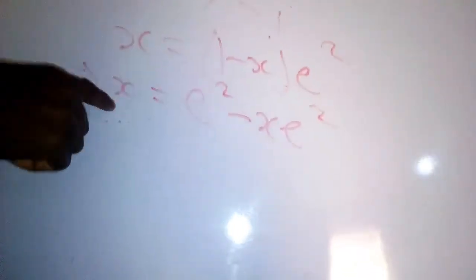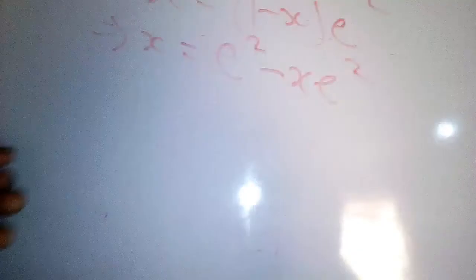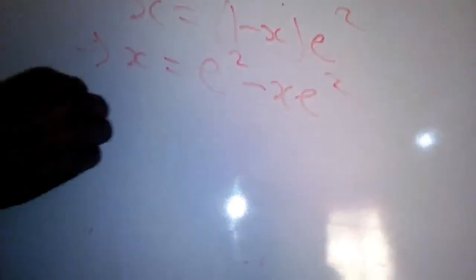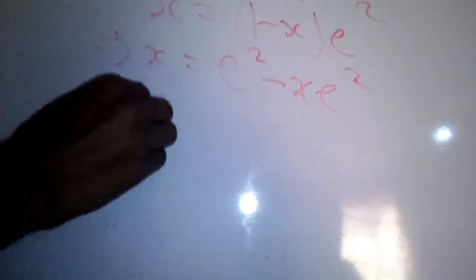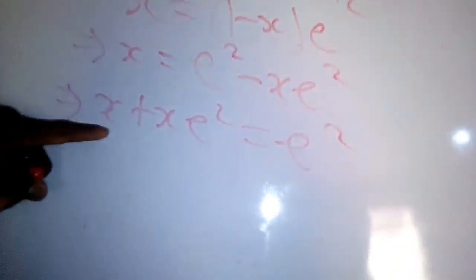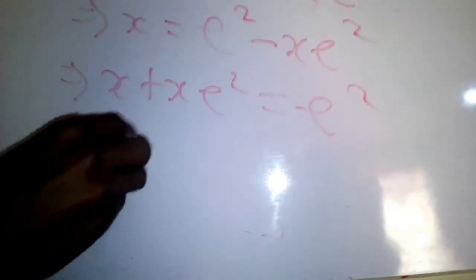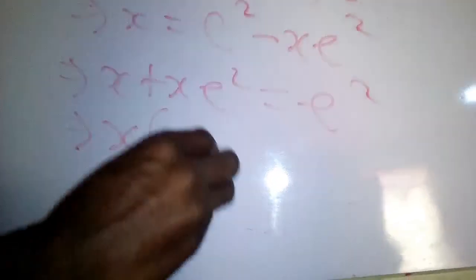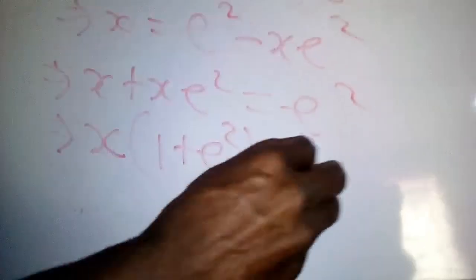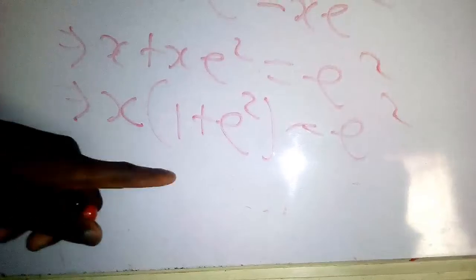Remember it is x that we want to find, so we need to bring this x to meet its counterpart here. Collecting like terms, we have x plus x e squared is equal to e squared. You can see that x is common between these two terms. Bringing out x, I get x times 1 plus e squared equals e squared.